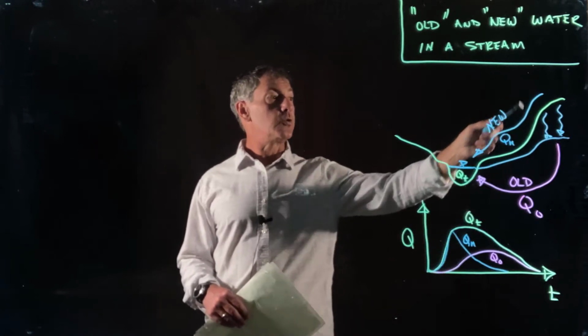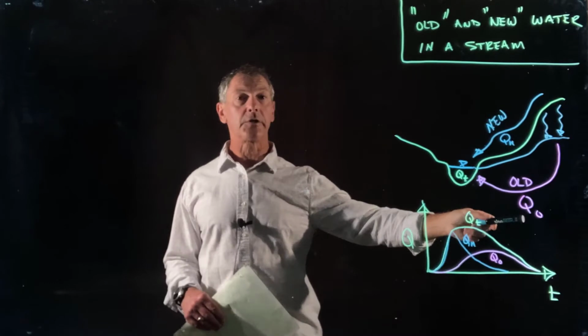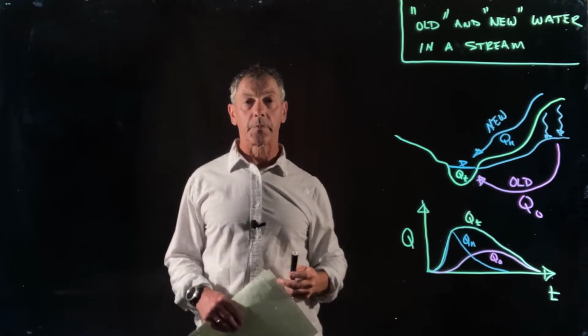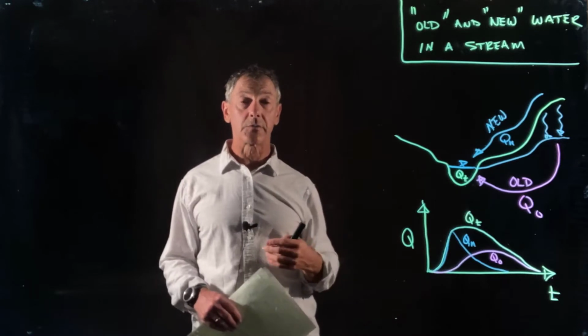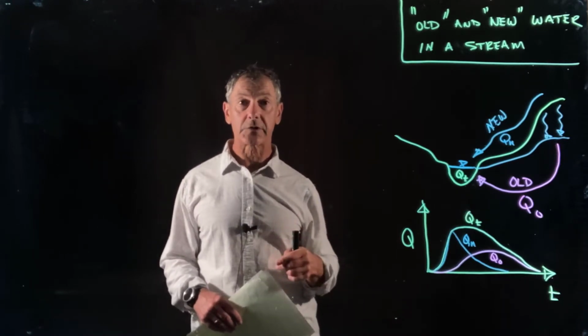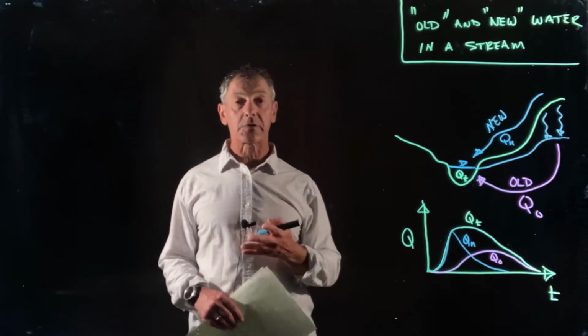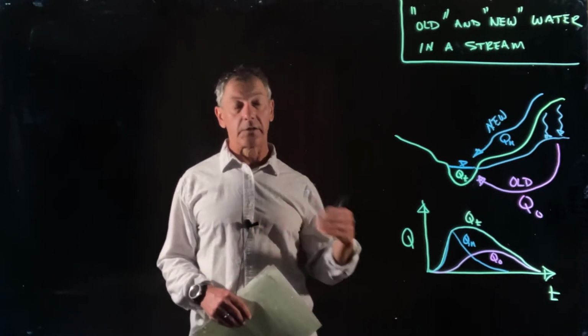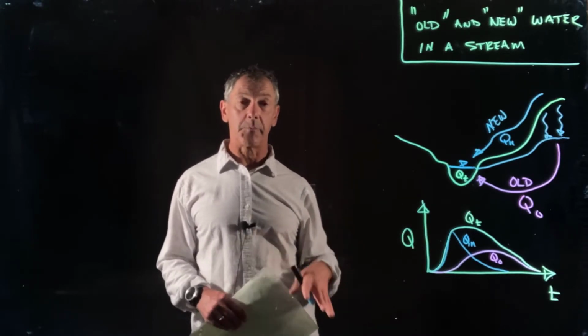We have the new flow, Qn, and we have the old flow, Qo. Those different contributions to the stream are going to have different chemistry, right?